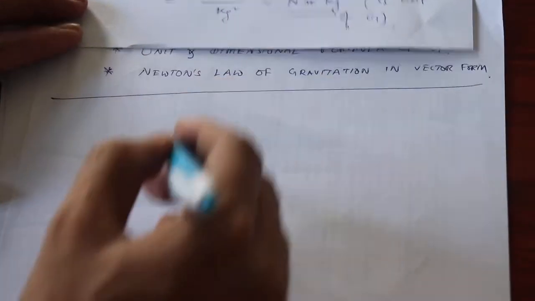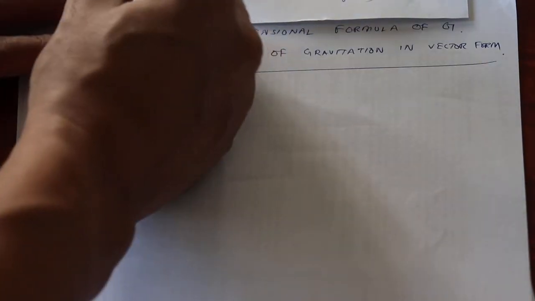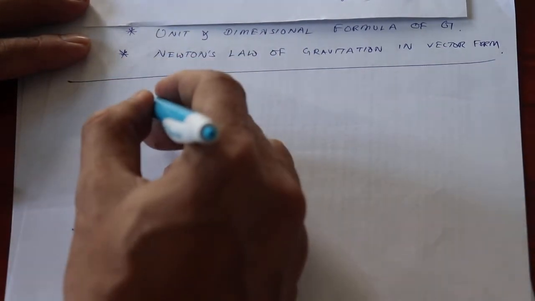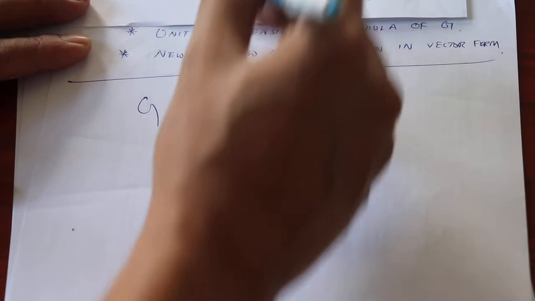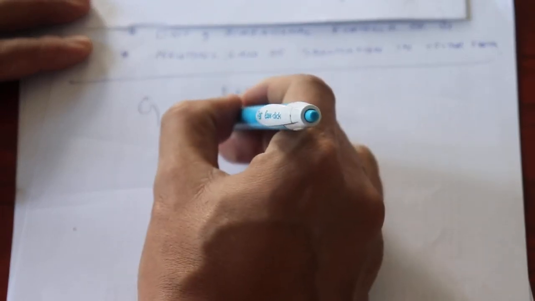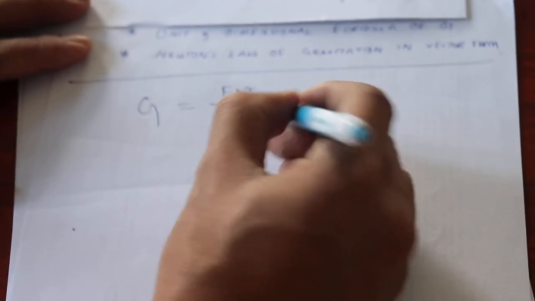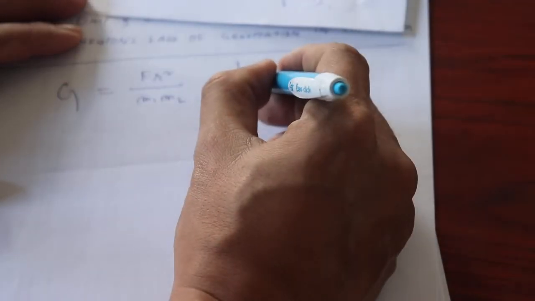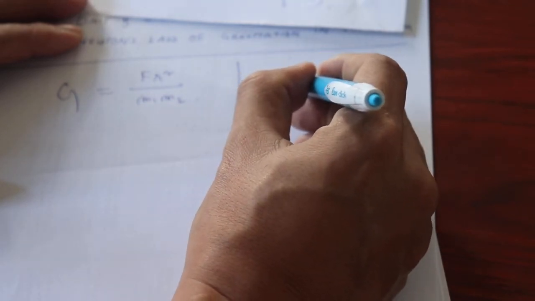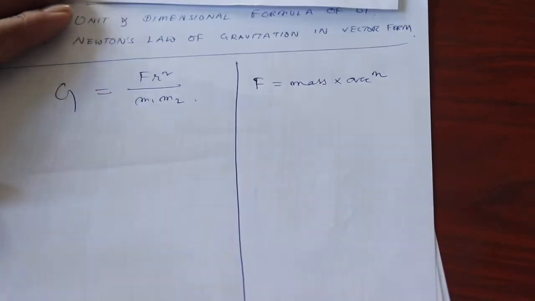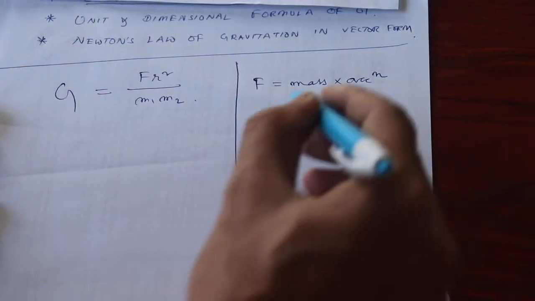Okay. So to find the dimensional formula, bring back this again. This one. G is equal to, let me write the formula one more time, force r square divided by m1 m2. Okay. So in terms of dimensional formula, as we know, force is the product of mass and acceleration.